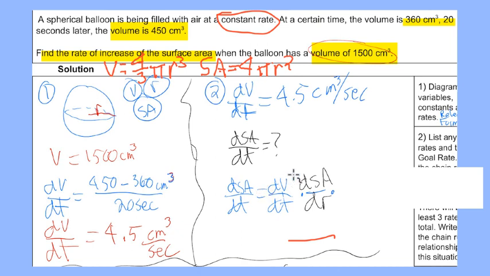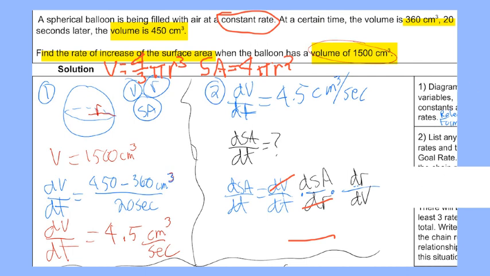I need to be able to get rid of dV, and I need to get rid of that dr. So it's pretty obvious what I need as that third rate. It's going to have to be the reciprocal, not opposite. It's going to have to be dr by dV.